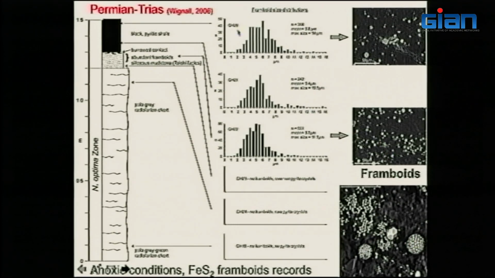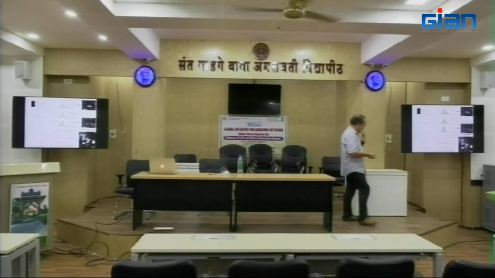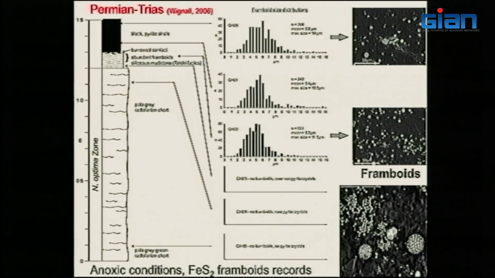And it's very important to measure these framboids. You can see that these ones are 5 micrometers in diameter, which is very small. And this is generally the diameter of the chamber of any kind of foraminifera, for example, living in the water column, which is full of organic matter, and this organic matter will be degraded in situ into this pyrite, into this sulfur.